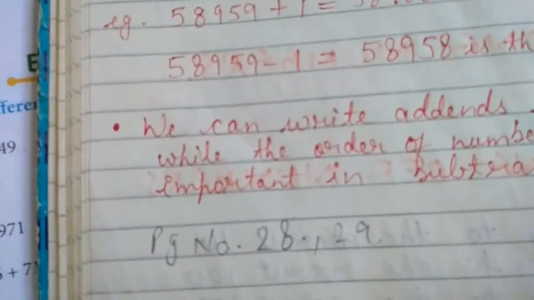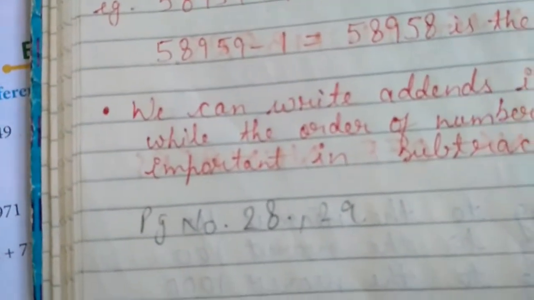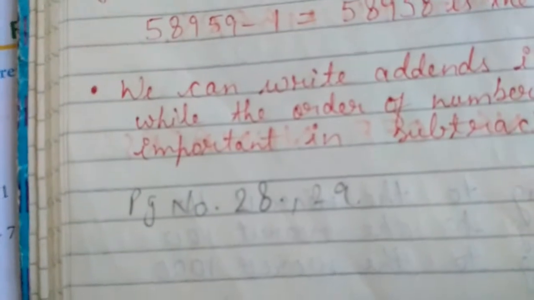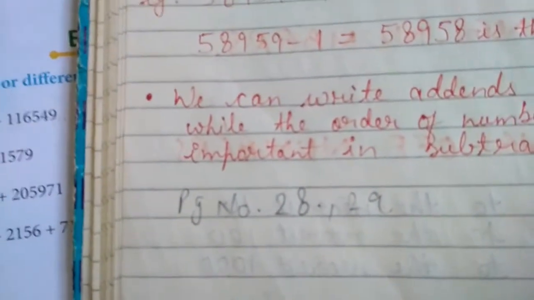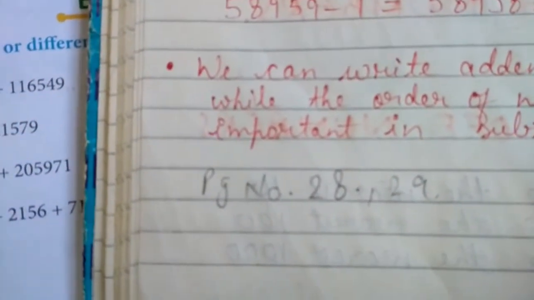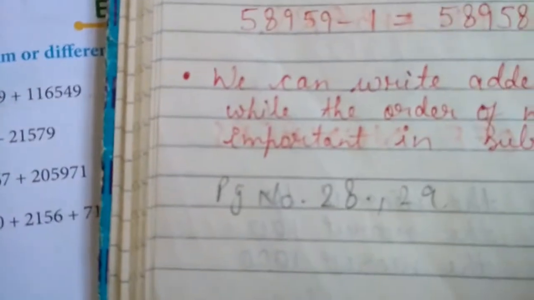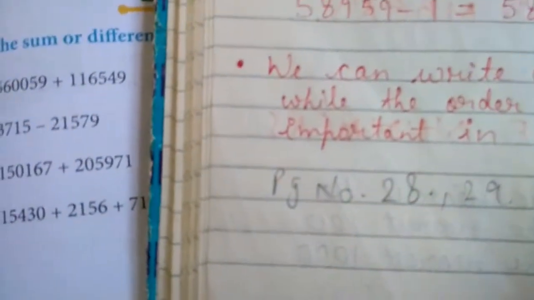So while doing subtraction, we have to keep in mind that a smaller number gets subtracted from the larger number. But while doing addition sums, the addends can be written in any sequence. You can add a smaller number to the larger number or the larger number to the smaller number.